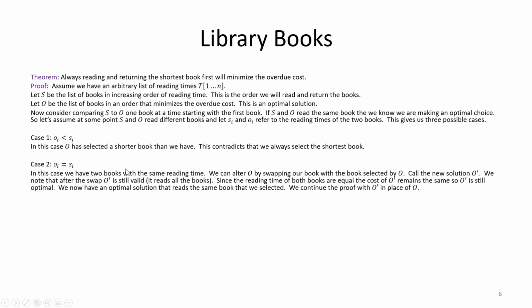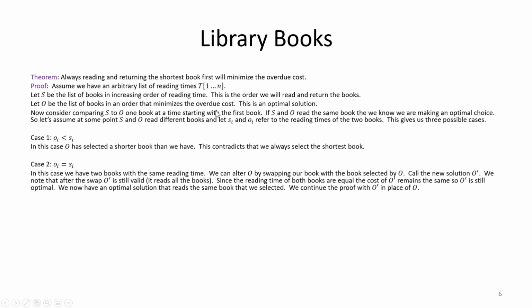So in the swap step of the argument, we're basically saying, look, we made a mistake when we selected O. We wanted to select the one that agreed with us. So if it disagreed with us, and it disagreed because the time it takes to read our book is the same, we'll just fix that mistake by swapping it out. Swap out O for O prime. O prime is also optimal. It is also valid, and it also agrees with S at point I.